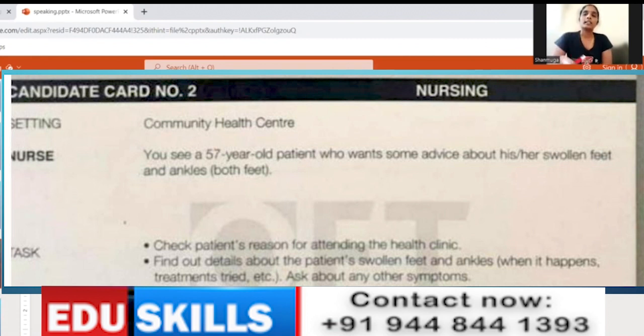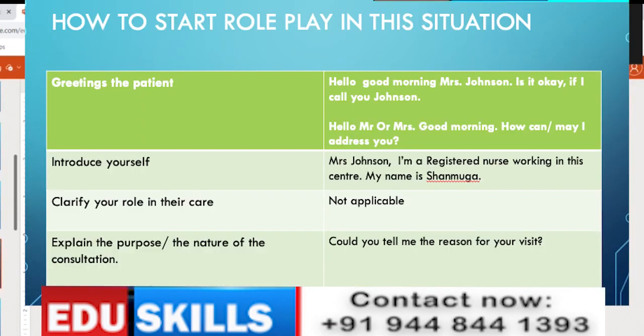Whenever you are seeing the setting, it tells us an unknown patient. Community health center means most probably they don't know the patient, but we cannot conclude that. But reading the background information, it has not given any information that you have seen the patient recently, so you can conclude this is an unknown patient.